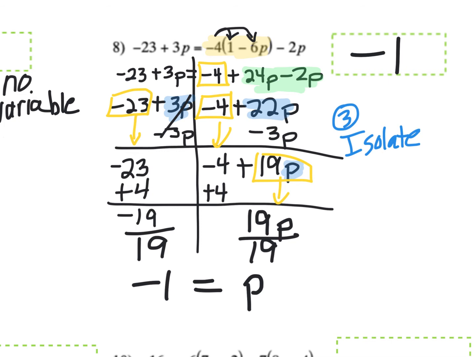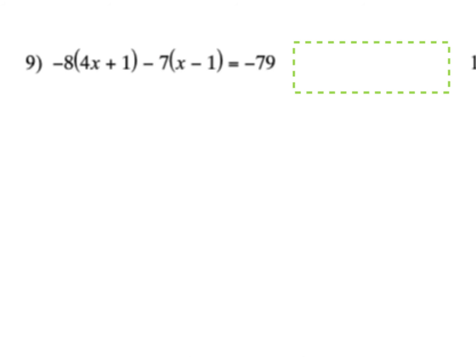It's all good. Okay, here we are with number 9. So pause the video. Try to distribute first. And I'll be right back with you. Okay, I'm going to assume that you paused the video and that you've tried it out yourself first.